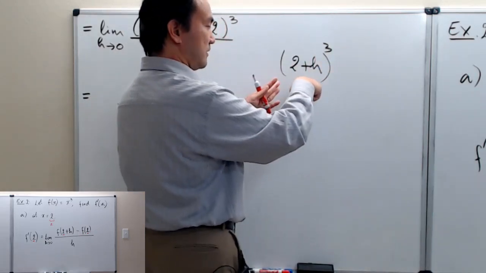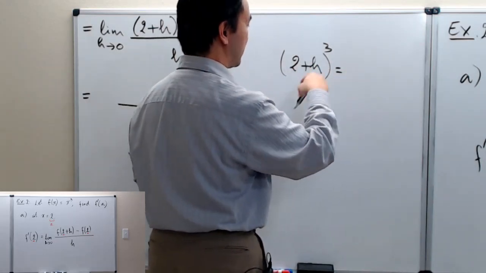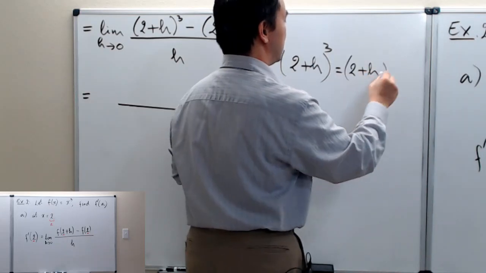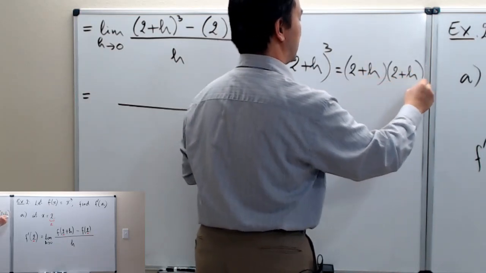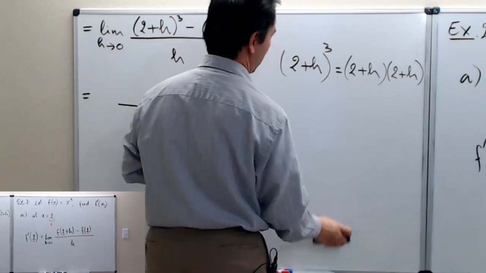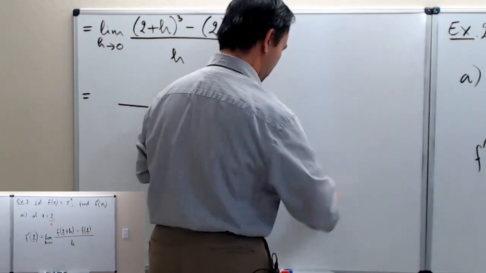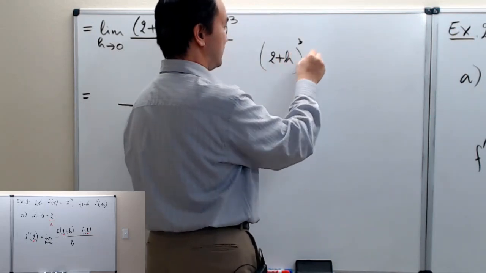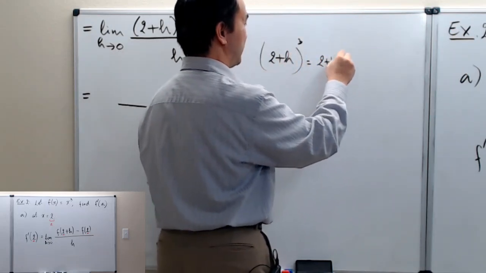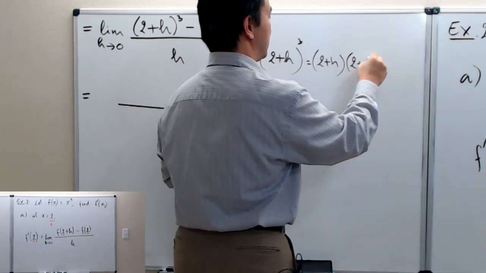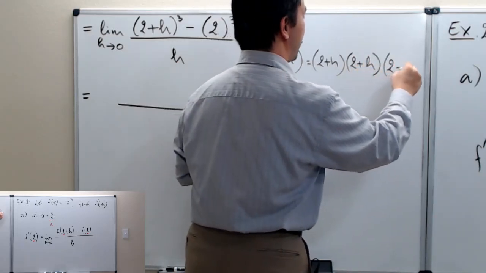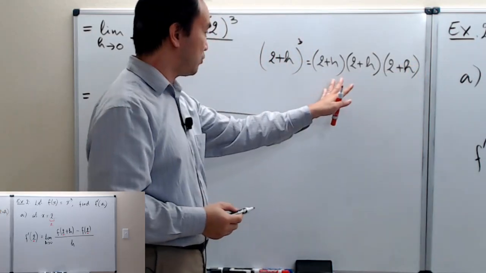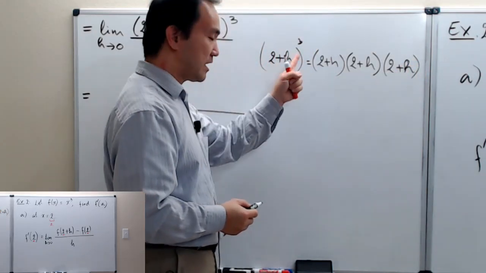We can think of this little scratch work here as 2 plus h times 2 plus h times 2 plus h again. I was short of space here, so let me write it smaller. So 2 plus h all cubed is the same as 2 plus h as a factor, times 2 plus h as a factor, and times the third factor of 2 plus h. So all three factors of 2 plus h multiplied together. That's what this 2 plus h in parentheses cubed means.